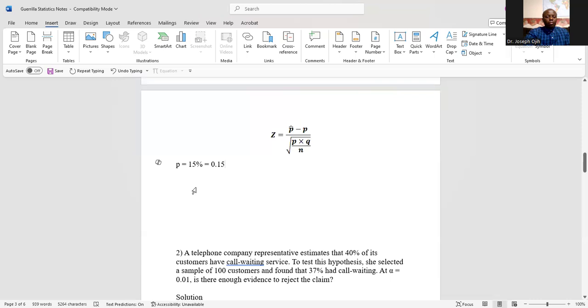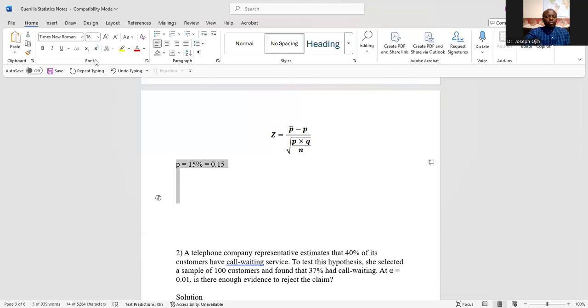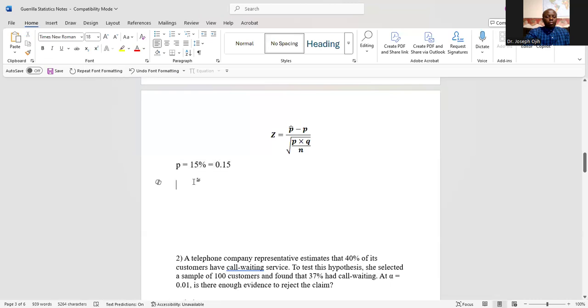I'm going to make this bigger. And the Q will be 1 minus P, which is 1 minus 0.15.